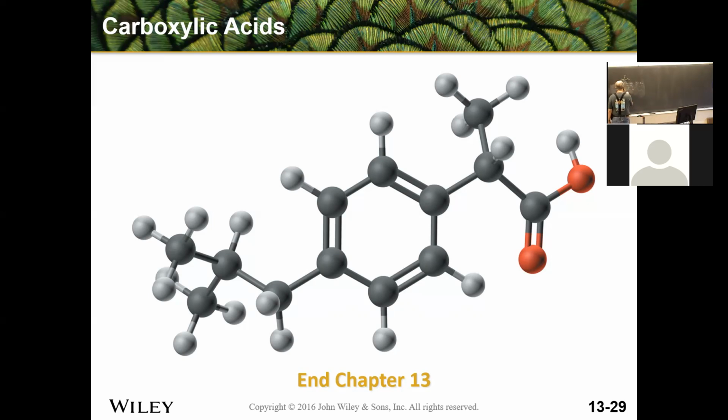The next one is acetic acid. Its IUPAC name would be ethanoic acid. I'm omitting the word acid just to save some time here.